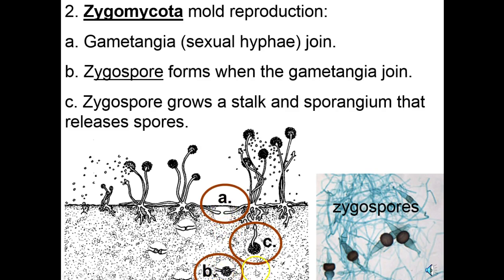You can see that's what it looks like in real life to the right. And then from this, a little baby is going to grow and develop into another stalk. So this is sexual reproduction. And that's why some fungicides, the chemicals that kill fungus, don't always work, because these guys are always resorting their DNA. There's always new breeds of bread mold out there.